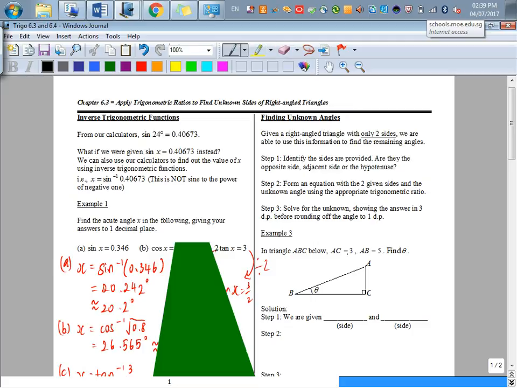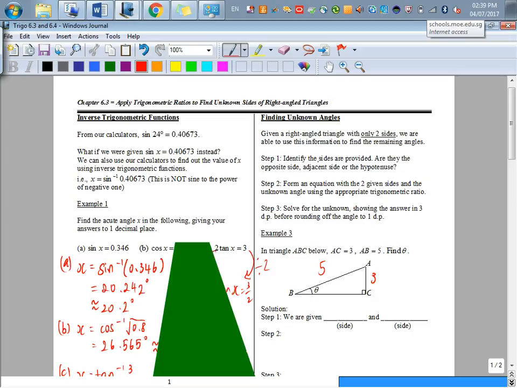So sometimes you are given a right angle triangle with only 2 sides. In example 3, your AC is equal to 3 and AB is equal to 5. Given the 2 sides, can I find the angle? So yes, I can. It is very similar to what we have done previously.